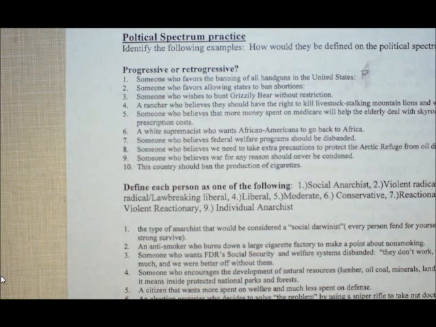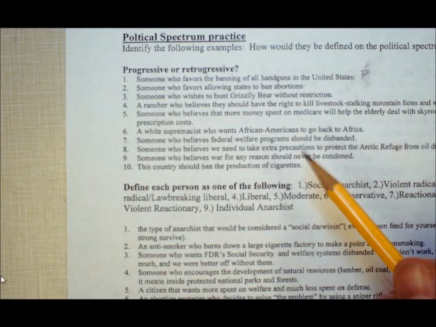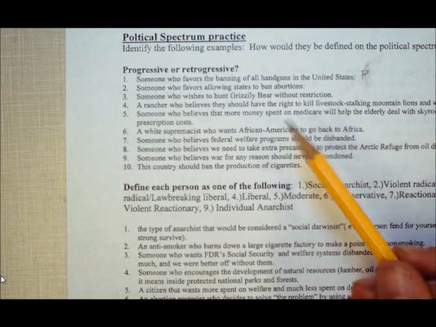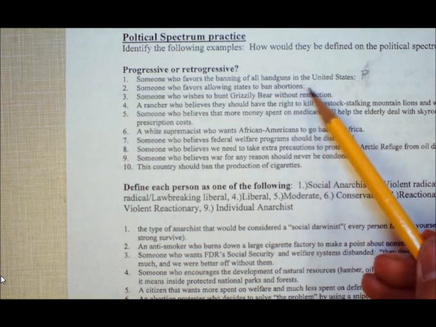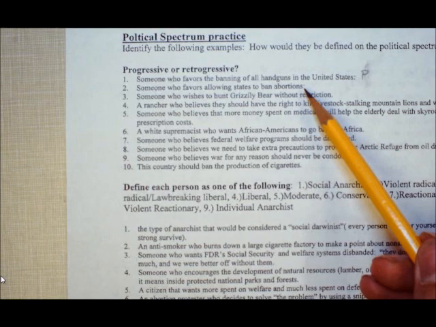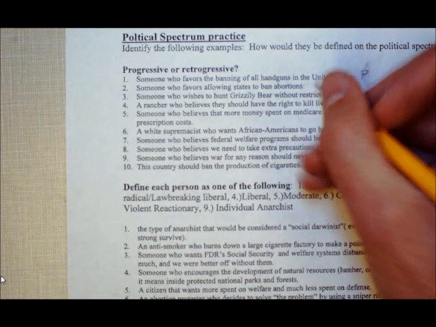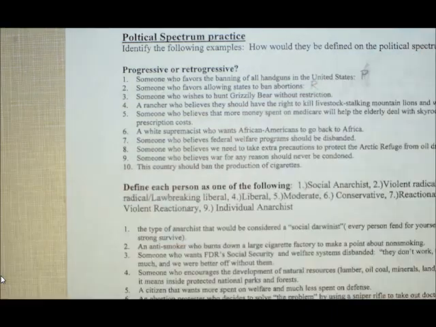Yes, it may have happened all the time, but it was certainly not socially acceptable. Nowadays, it has become a more socially acceptable option, so allowing states to ban abortions would be kind of like going back to the way things were when abortions were less permitted. Therefore, it is retrogressive.